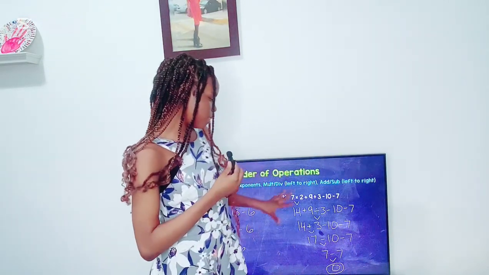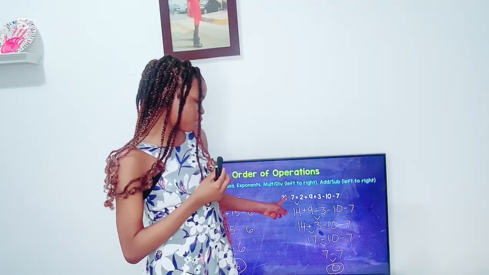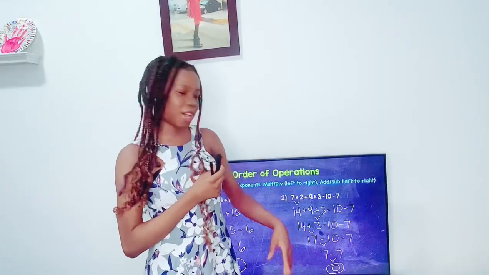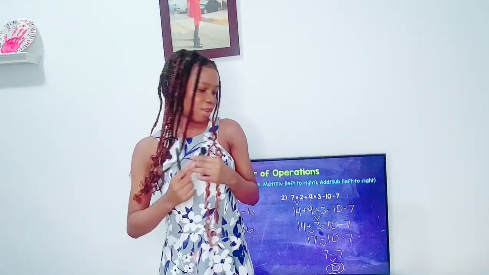It's also kind of easier, because when we have exponents and parentheses it might look difficult, but here you're only talking about multiplication, division, addition, subtraction. That is the only thing you need to look out for. So it's pretty easy, right?